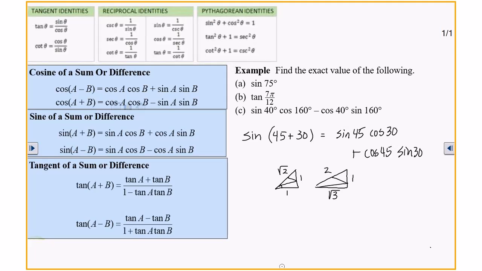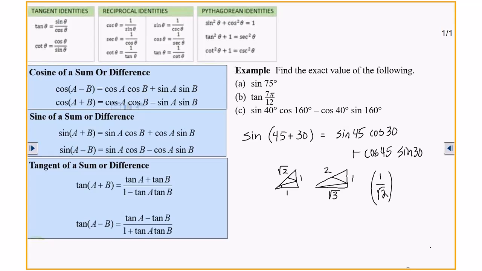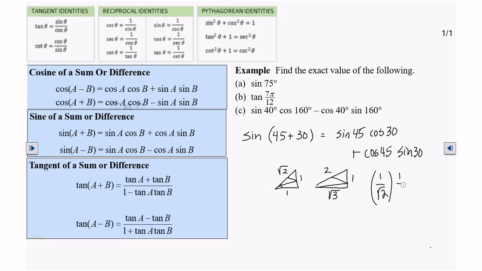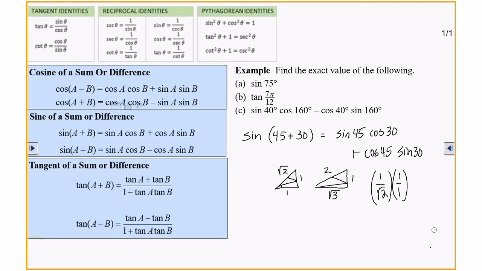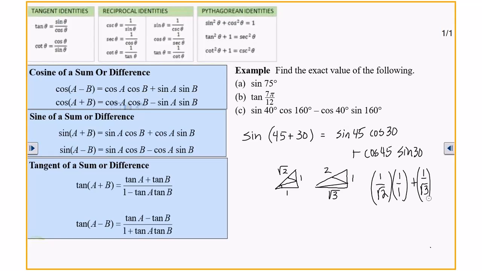So 1 over the square root of 2 times cosine of 30, 1 over the square root of 3. Plus cosine of 45. Cosine is going to be what? 1 over the square root of 2. And then sine of 30, 1 over the square root of 2.